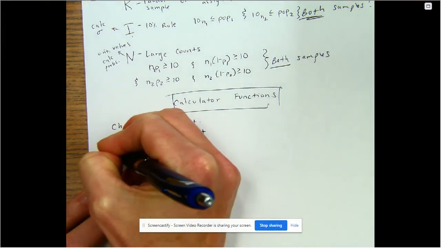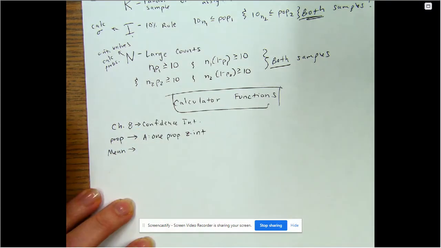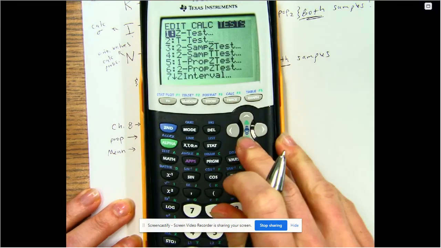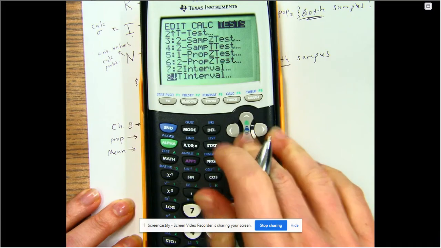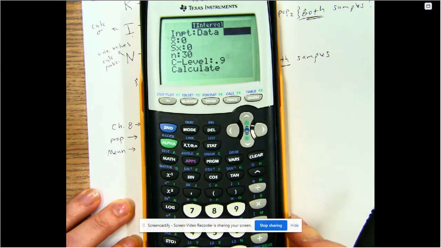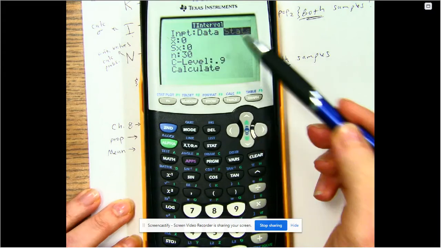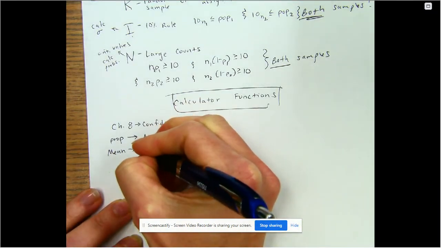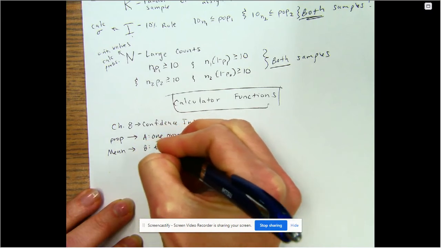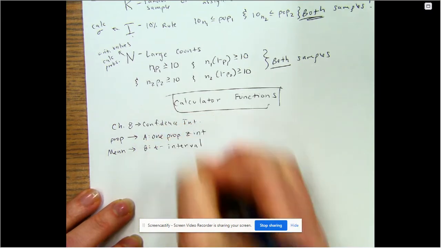For means, just to remind you, a t interval was number 8. And you could either give it data or stats. So for means, you went down to number 8 and you used a t interval.